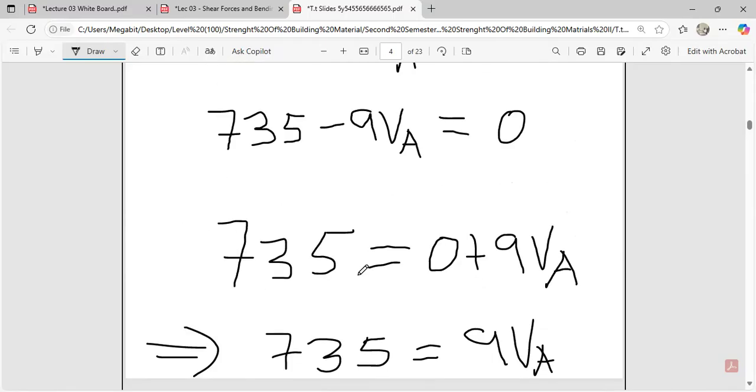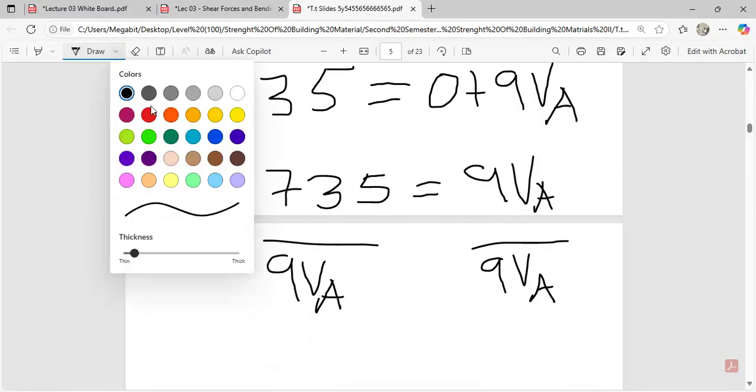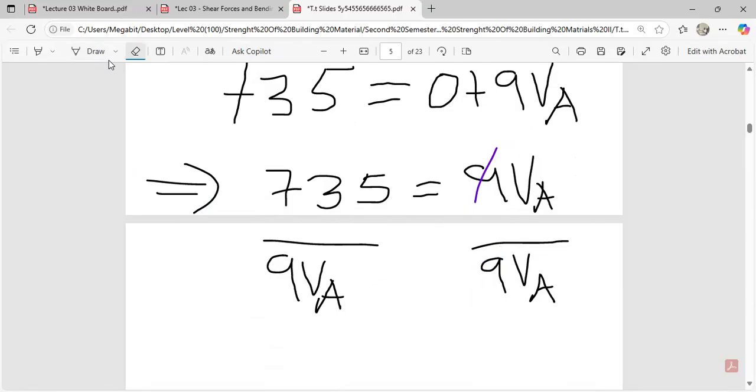At the end of the day, what are you going to get? 9 will cancel 9, so you divide both sides by 9.